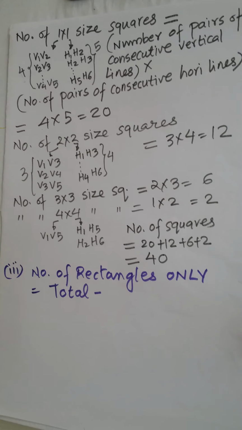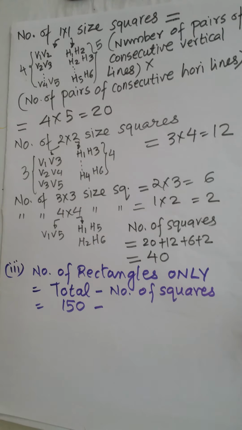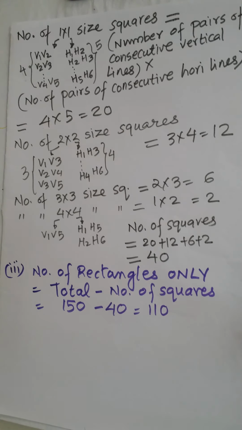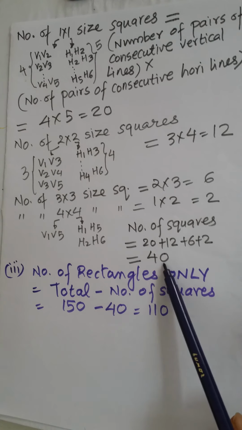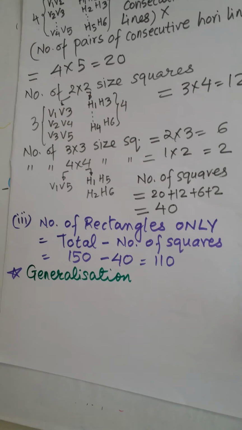Total, which was 150, minus the number of squares. The number of purely rectangles that can be formed from horizontal and vertical lines is 110, and purely squares is 40. Overall it was 150.